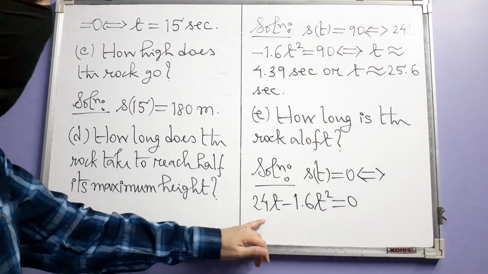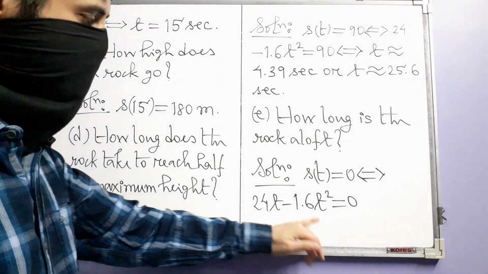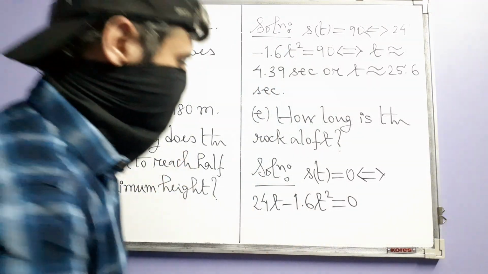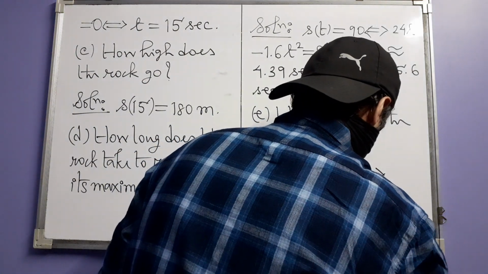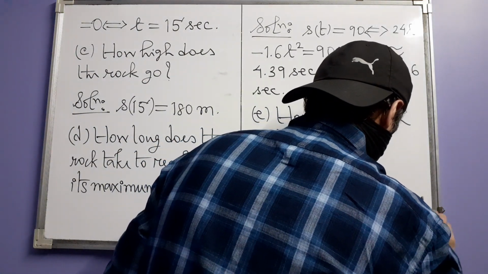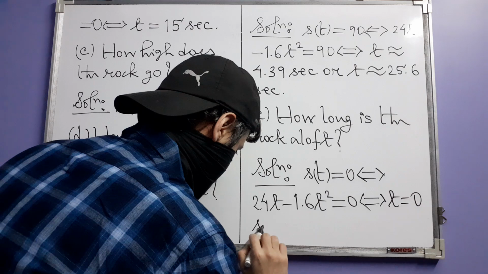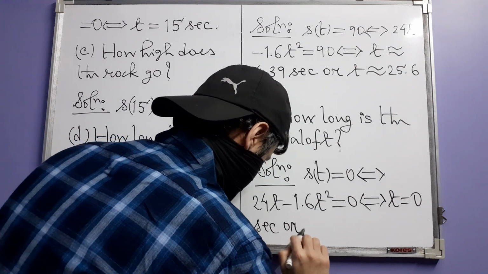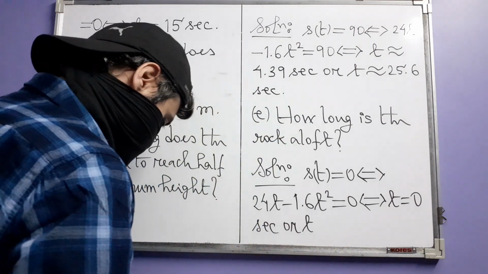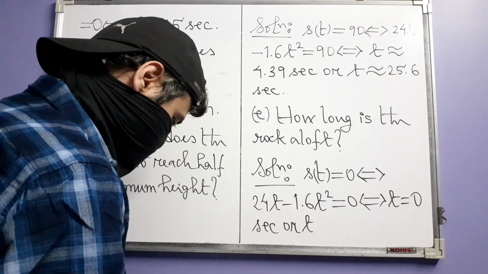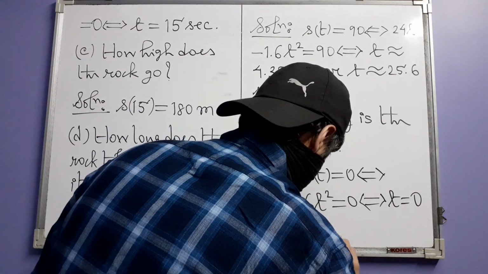This one is easier to solve because you can already see that t equal to 0 is 1 root. T equal to 0 second, or there is of course another value, and that value I hope I have here, 30 second.